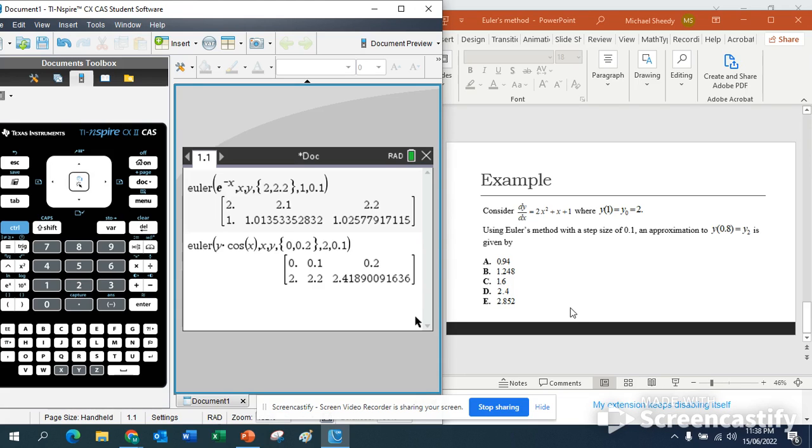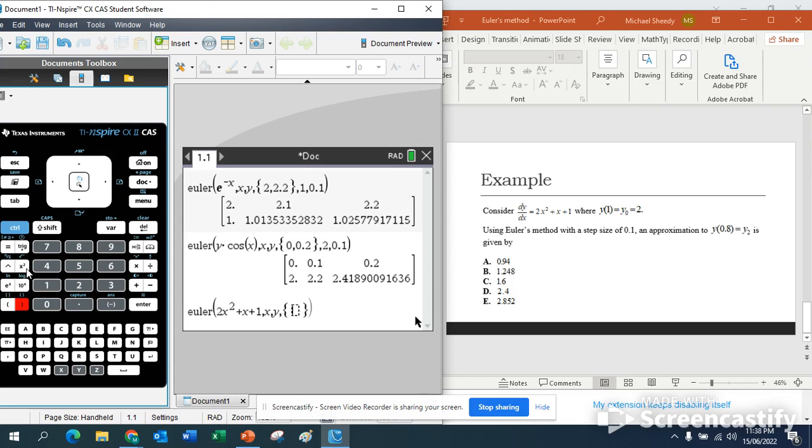So here, again, on our CAS, type the word Euler, open a bracket, we write the derivative expression, so 2x squared plus x plus 1, comma x, comma y, comma, now open up some braces.